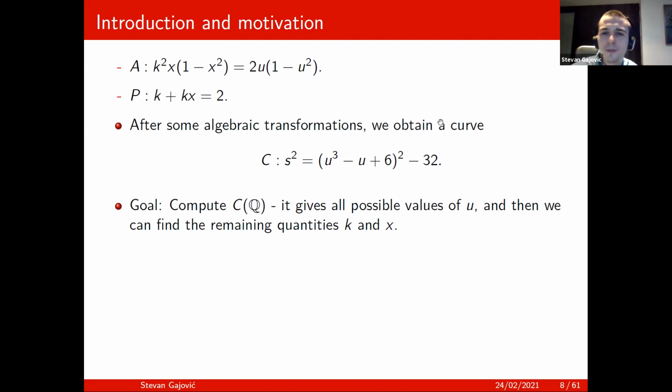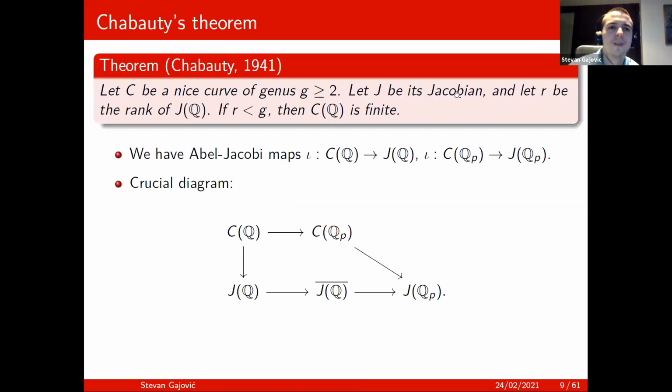So that was some motivation that rational points on curves can arise in distinct areas of mathematics, and that is one reason why they are so important. Then we will start describing some methods to determine rational points.